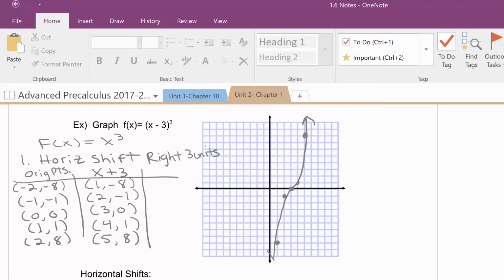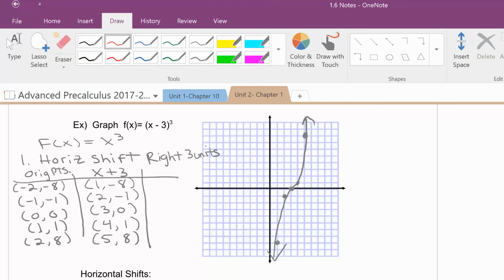So this is your new graph. The original function, f of x equals x to the third, was here. That was the original. So notice everything shifted to the right 3.